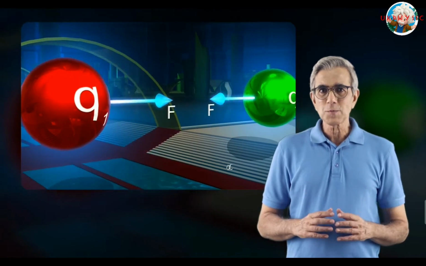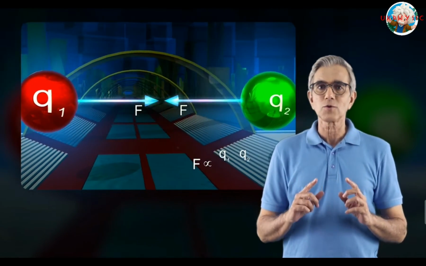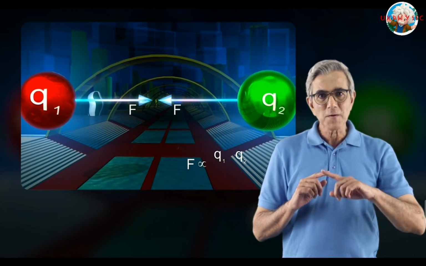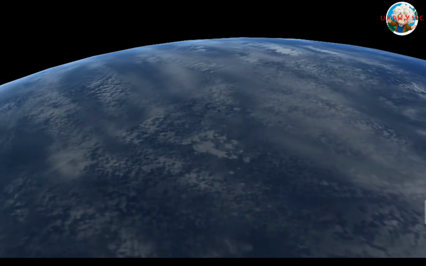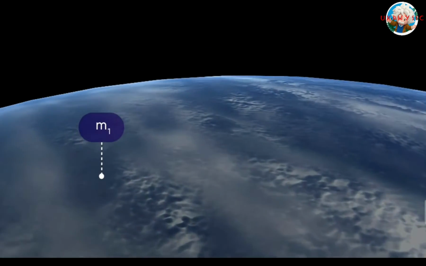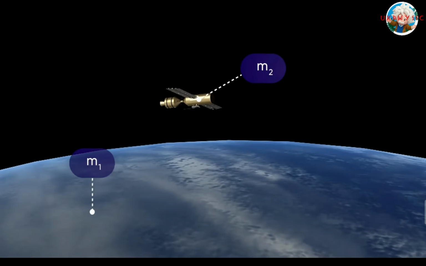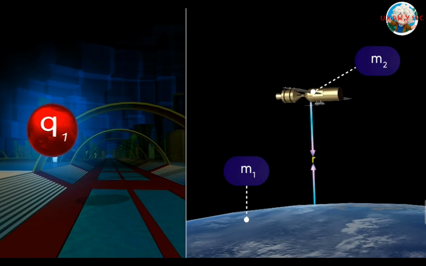The force between two electric charges is proportional to the product of the two charges and inversely proportional to the square of the distance between them. Just as the gravitational force between the two masses is proportional to the product of the two masses and inversely proportional to the square of the distance between them.